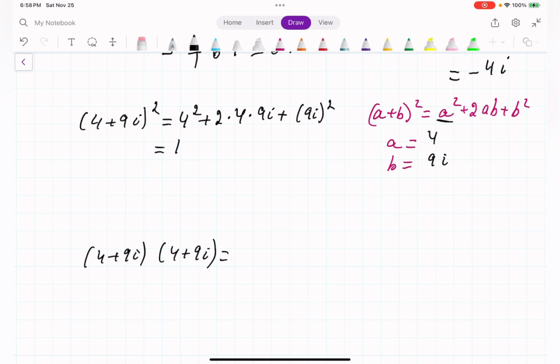And we get 16 plus 2 times 4 is 8, 8 times 9 is 72i, and plus 9 squared is 81, and okay, let me go slow, 81, and i squared, right? Since i squared equals -1, then the answer is going to be minus 81.